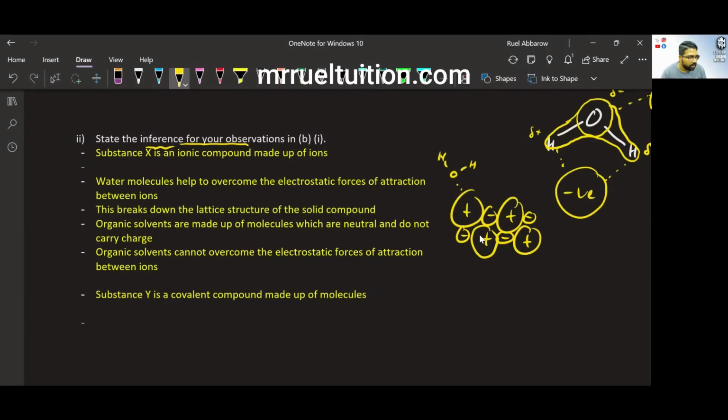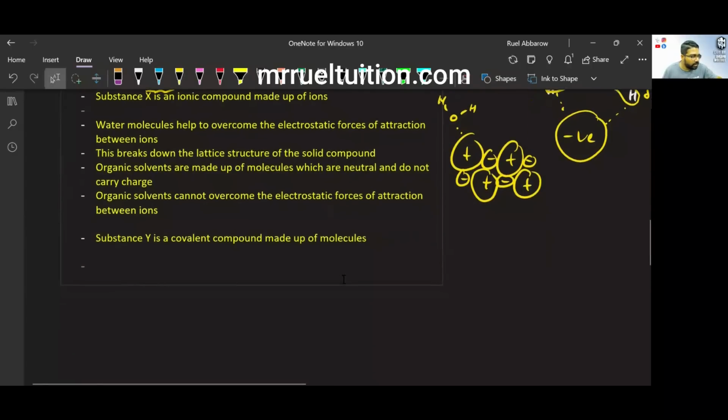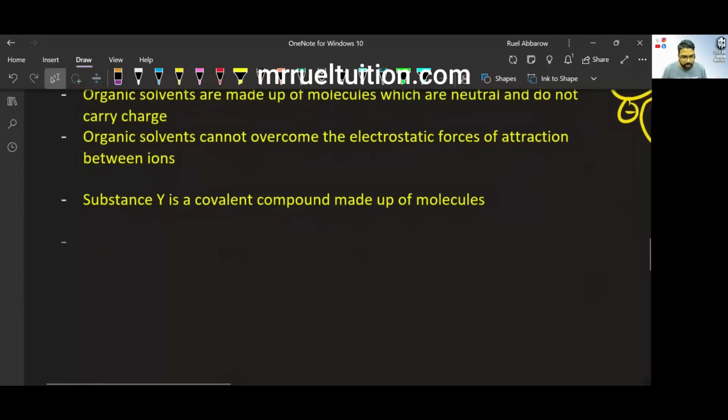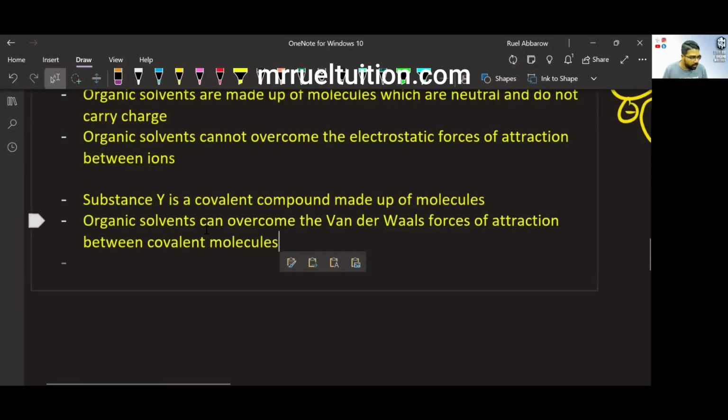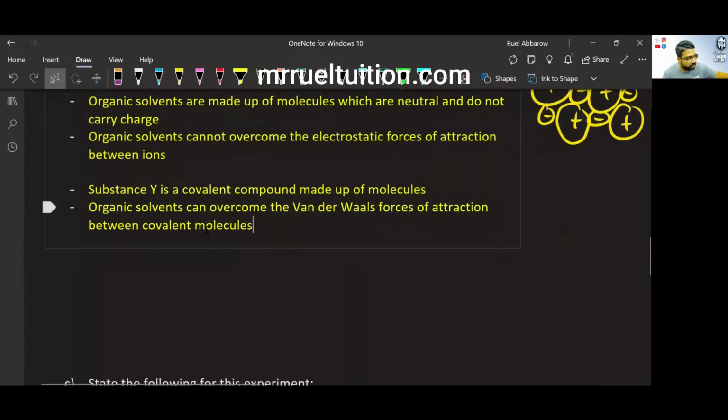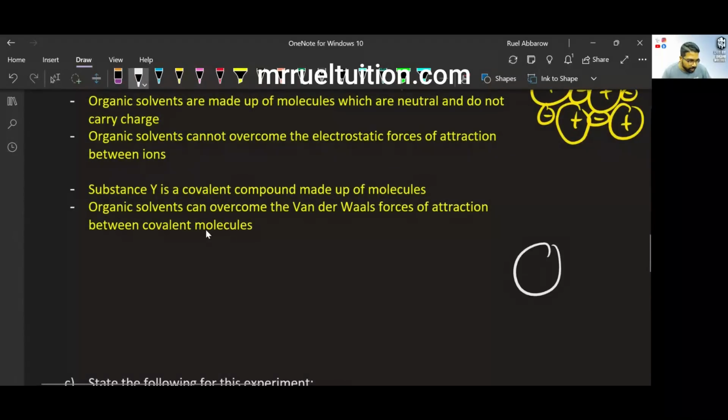So for covalent compounds, what's the story? Organic solvents can still form van der Waals force of attraction with the covalent molecules. Covalent molecules themselves, in solid form, are bonded together by van der Waals force of attraction. Now, the organic solvent itself is also a molecule.